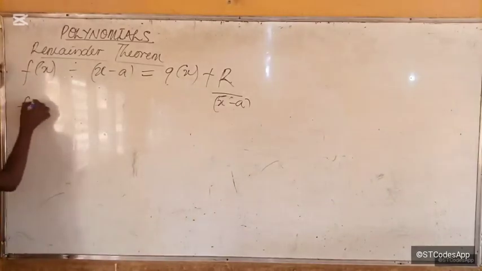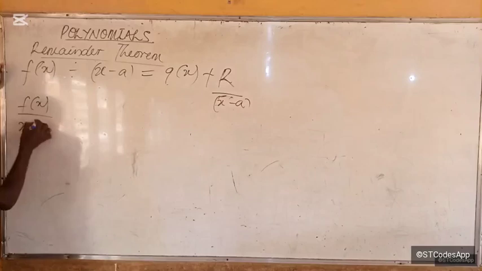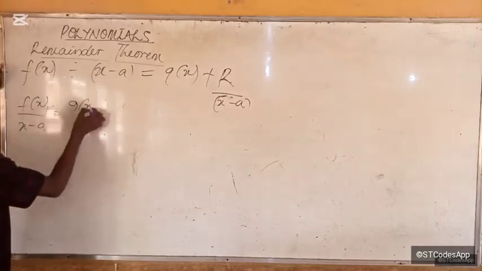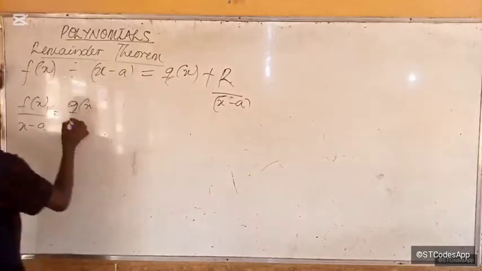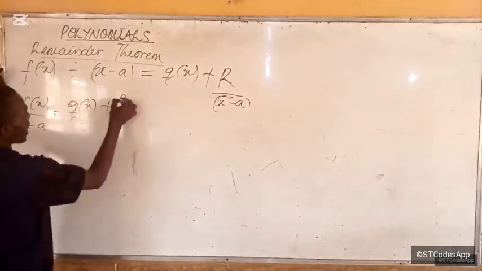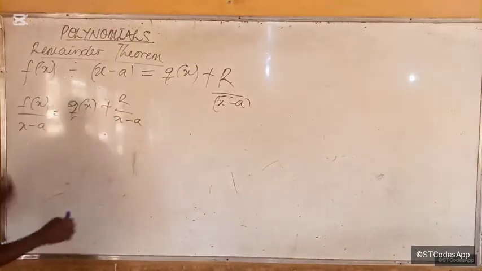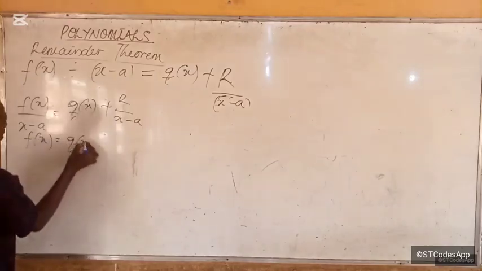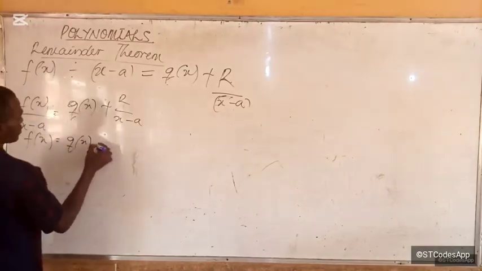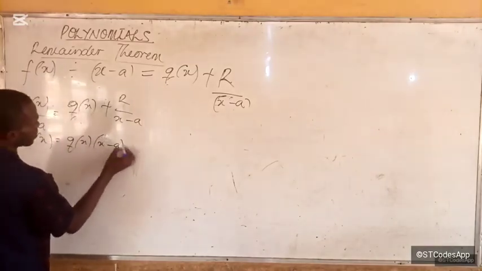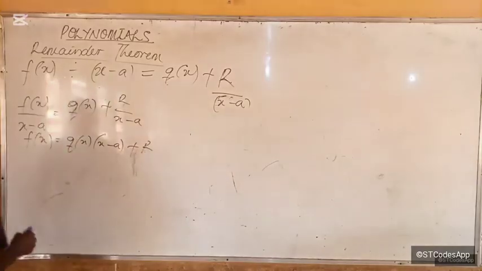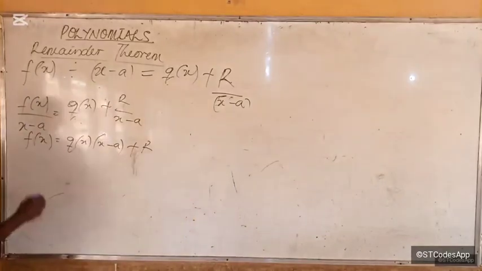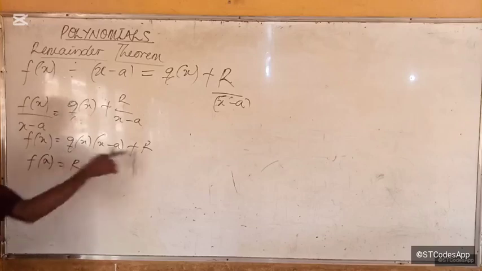So what it's saying is that if f of x is divided by x minus a, the result should be q of x plus r over x minus a. And what that means is that f of x is equal to q of x times x minus a plus r, provided I multiply through by x minus a. Now, what this means is that f of a will be equal to r.